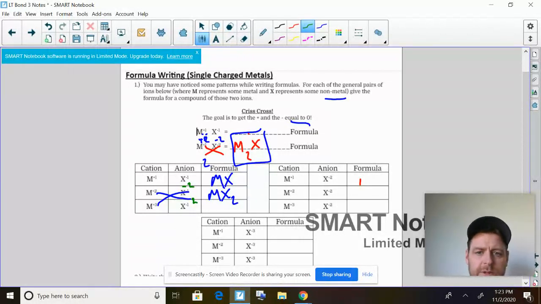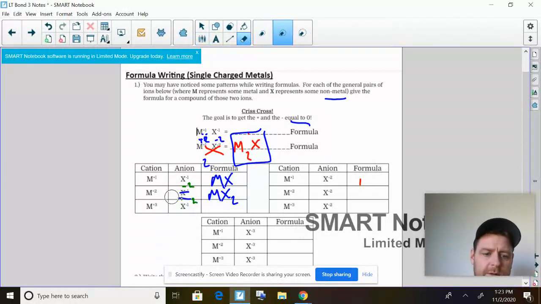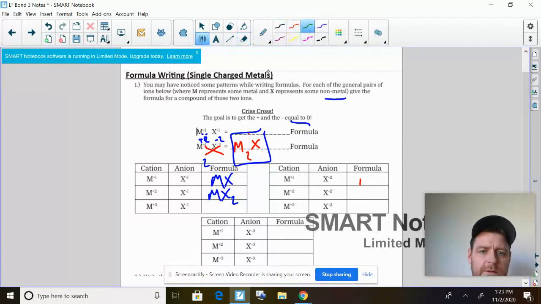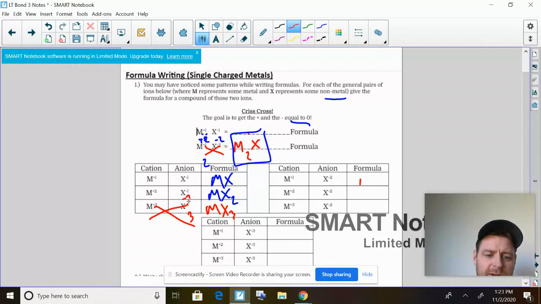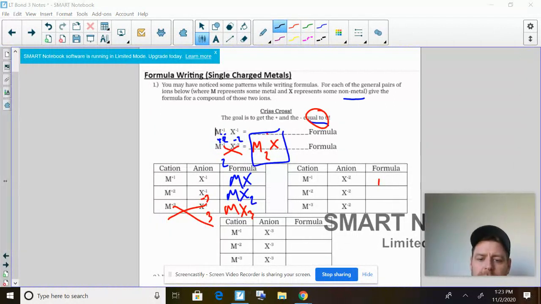Now they're equal. Good so far. Let's do the next one. They're not equal. Crisscross. So then it's going to be MX3. If I put a 3 there, that makes it minus 3. Now they cancel out and they're equal to 0. Boom. We're rolling.